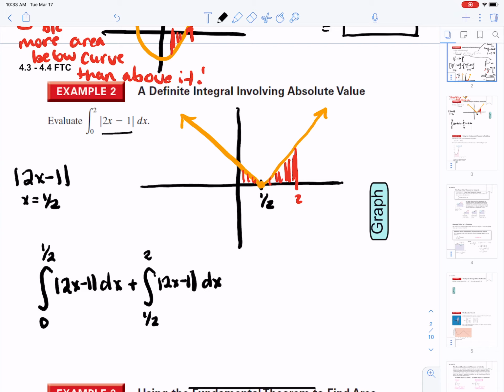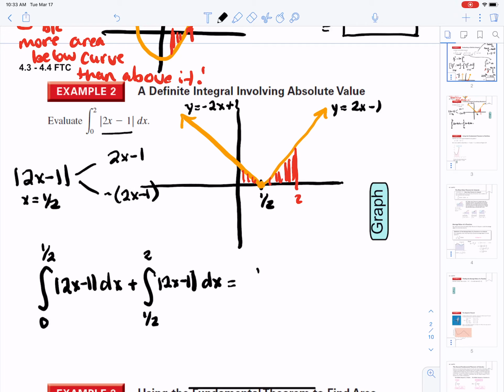And now, because the absolute value represents two functions, it represents 2x minus 1 when x is bigger than 1/2, which is this side, and it represents minus 2x plus 1 on the other side when x is less than 1/2.